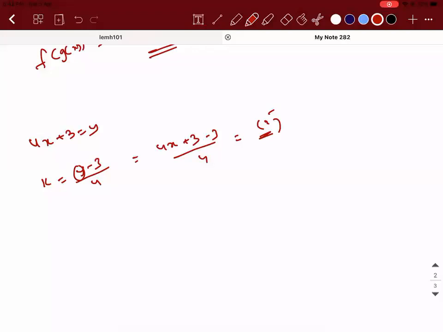So what I'm trying to say is, what is the domain of this function? So x is equal to y minus 3 divided by 4. So try to understand this problem. For every value of y that you substitute here, what is it?